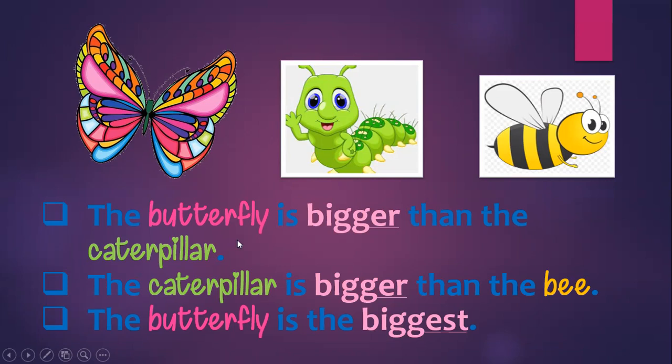So one more time, listen. The butterfly is bigger than the caterpillar. The caterpillar is bigger than the bee. And finally, the butterfly is the biggest. So pay close attention. Here says bigger, biggest, bigger, biggest. Okay?